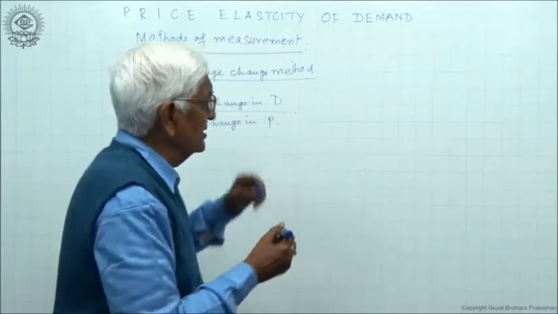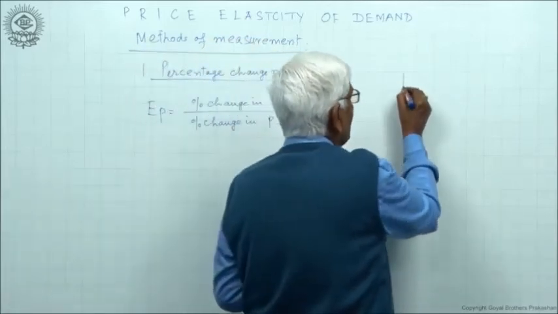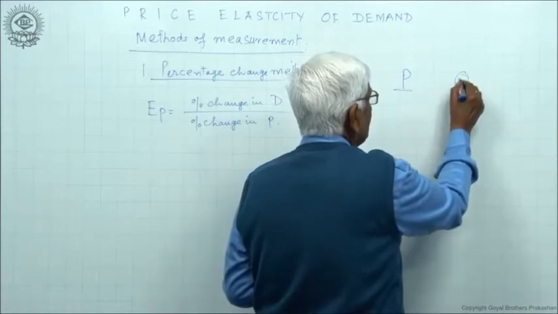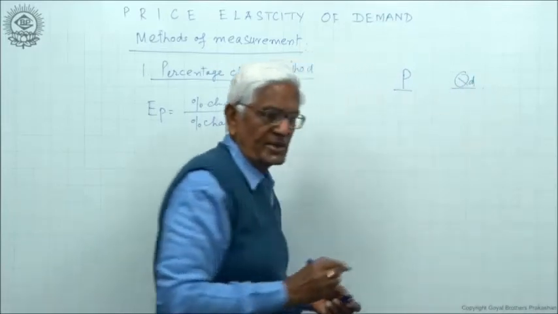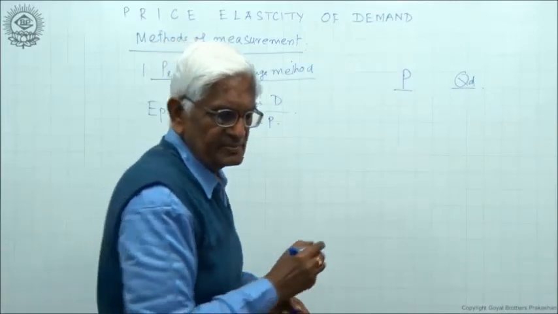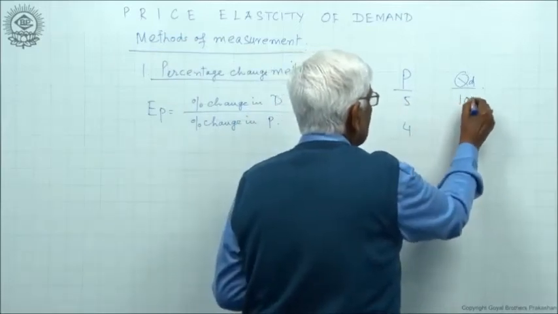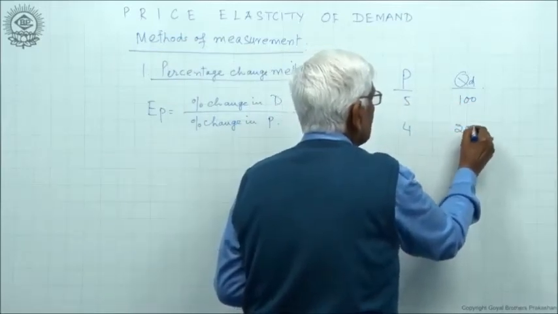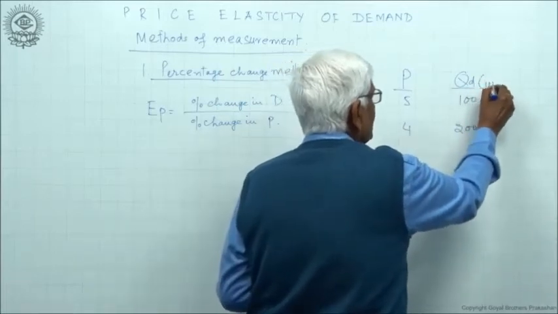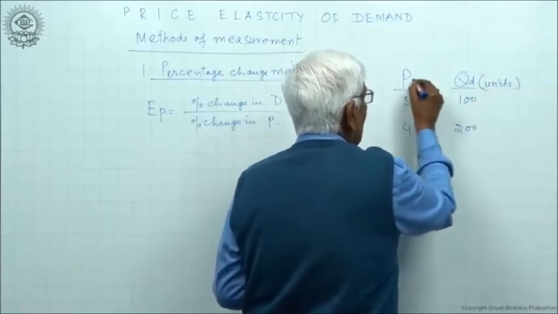Let us take a numerical example. We take price and quantity demanded. Let it be 5, 4, 100, 200. This is in units and this is rupees.